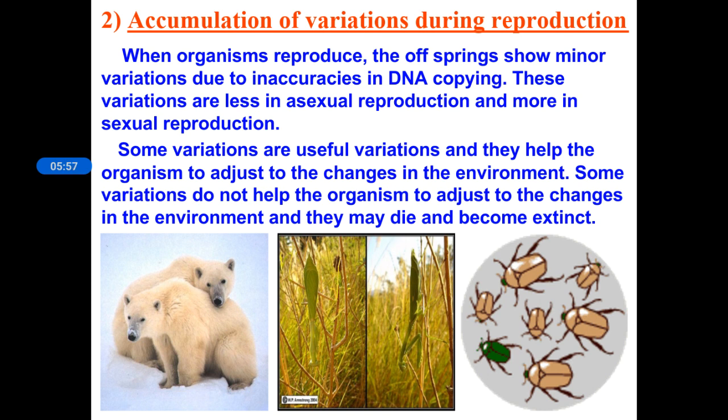It can also happen. If it is not allowing it to adjust to that particular climate, it means they cannot survive. So it may lead to the death of that organism also. In such cases, they cannot fight, they cannot live, they cannot survive. So it can lead to the extinction of species also. So this variation can be useful, and it can also show a negative impact on the organisms.